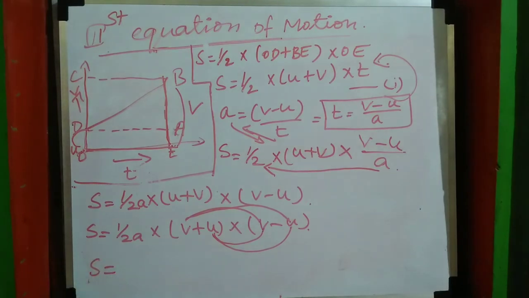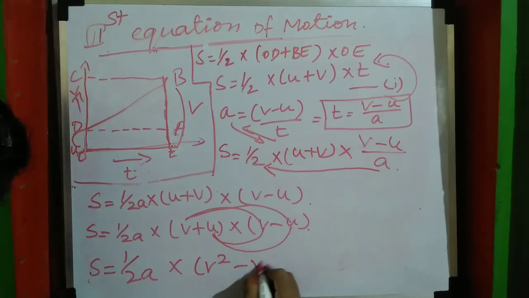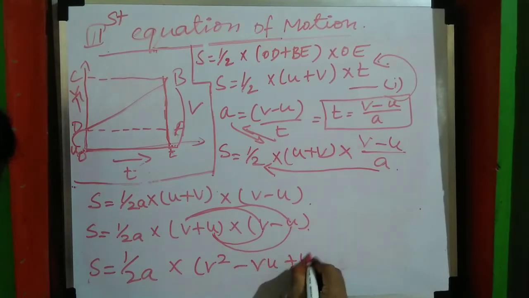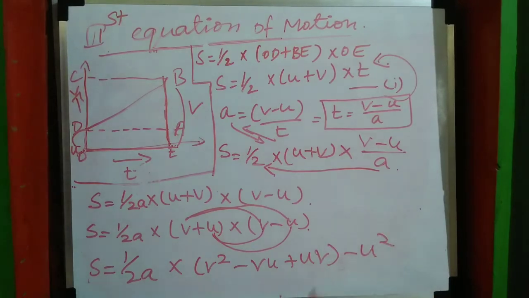Write this equation. S is equal to 1 by 2a into v square minus vu plus uv minus u square.